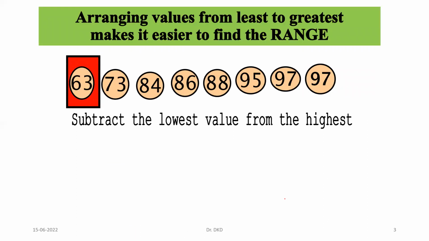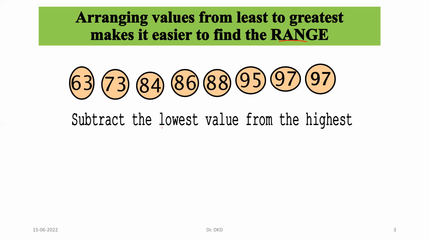Here in the example, arranging values from least to greatest makes it easier to find the range. That means in a given data set, first of all, we need to arrange the data in ascending or descending order.